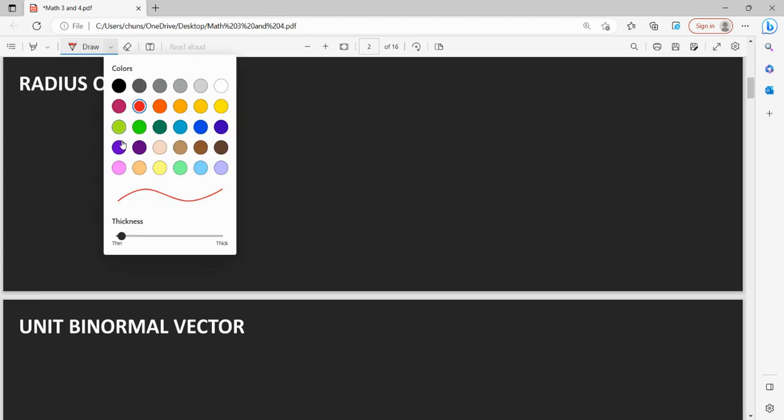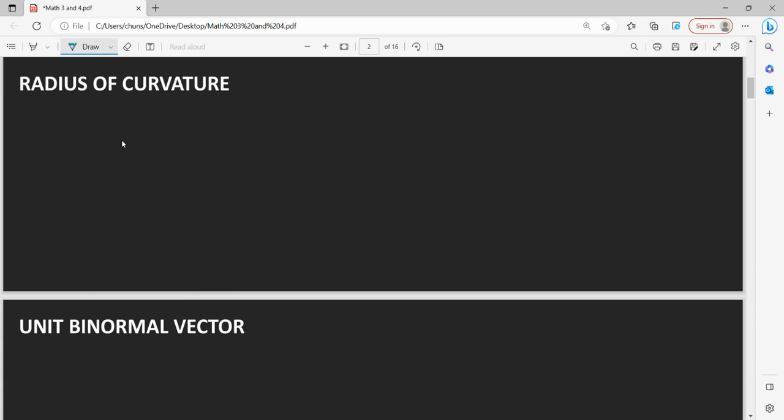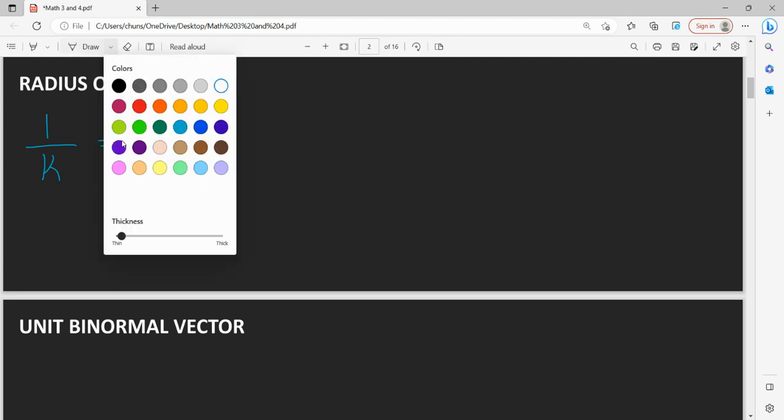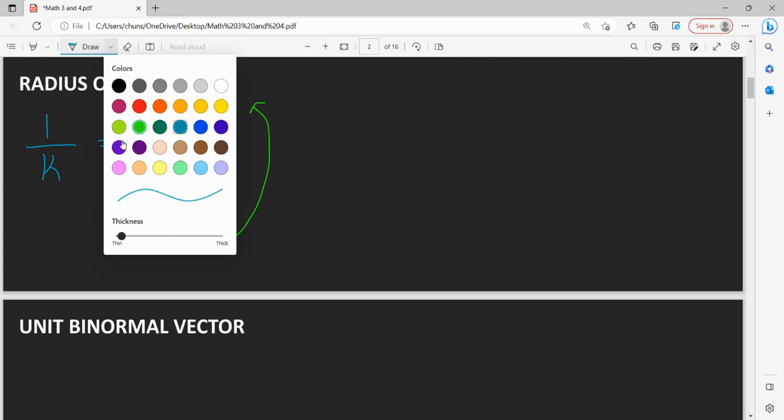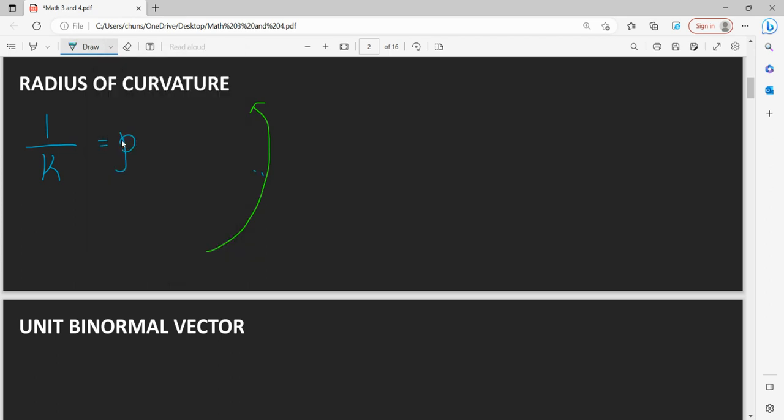Radius of curvature is defined by 1 over kappa, and we use symbol rho for it. So if I were to draw that space curve again, radius of curvature, rho, basically defines a radius of a circle that is tangent to the concave part of our curve.